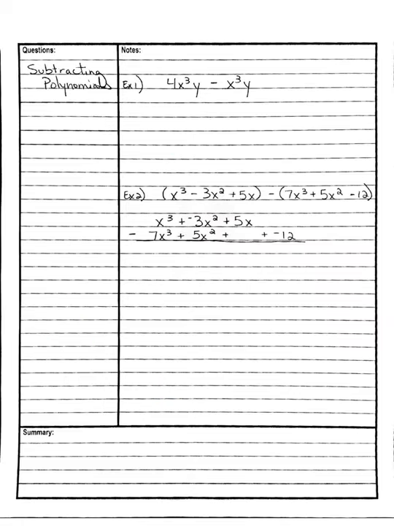Now for subtracting, we have to be very careful because when we're adding, it really doesn't matter which number you add first. When you are subtracting, it does. As we look at example 1 here, first of all, do I have the same letter and same exponent? Yes. It's x cubed y, and my other one is also x cubed y.